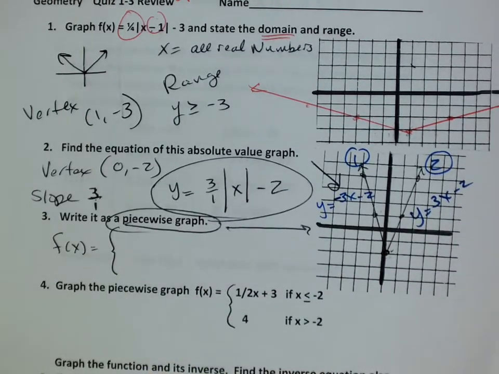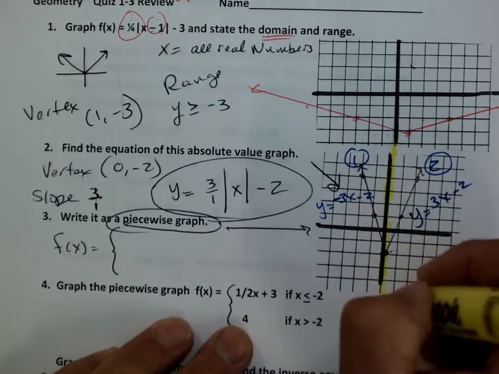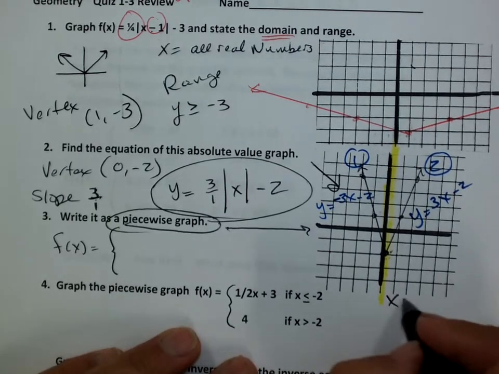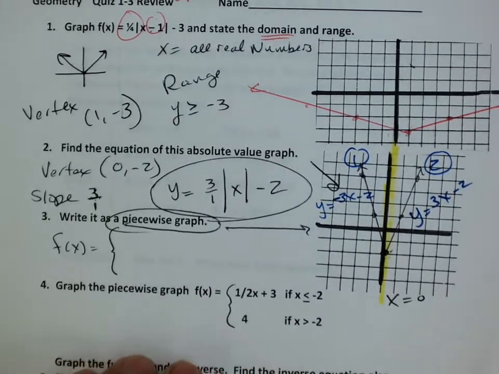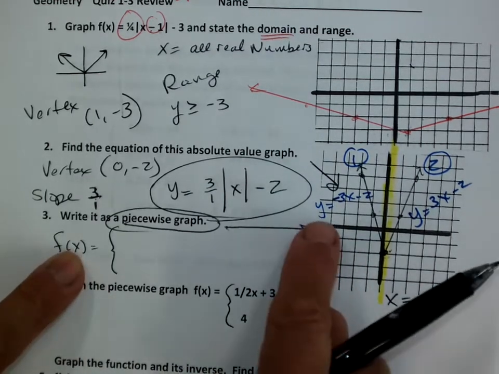Since it's a piecewise graph, we have to have a borderline, and they are connected right here at x equals 0, right? So f of x, y are the same thing.